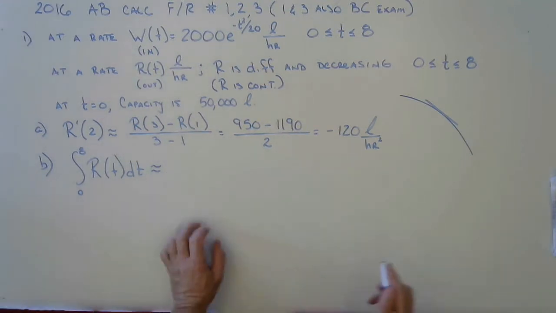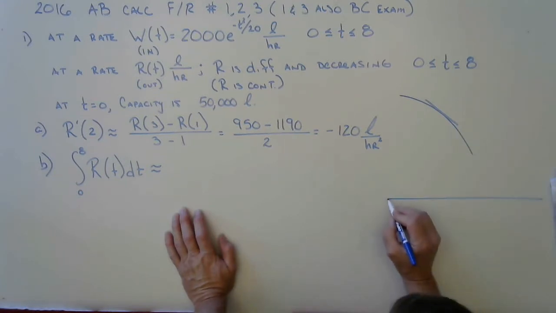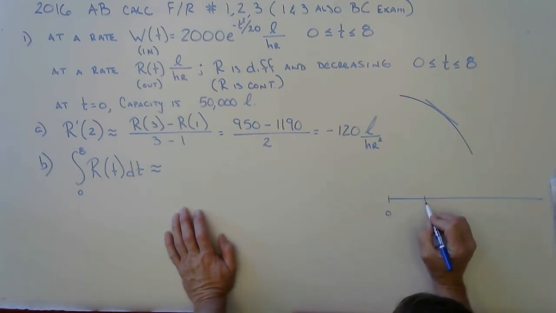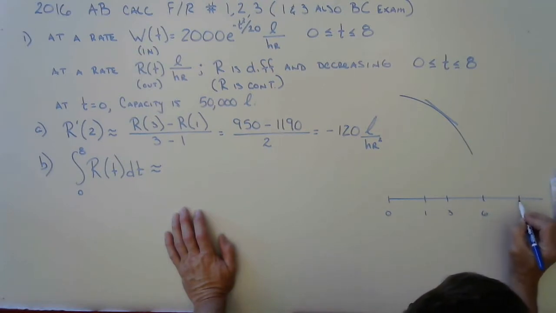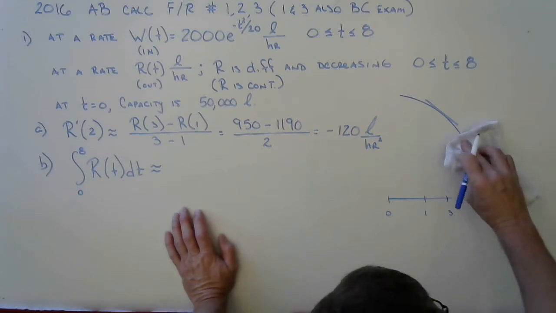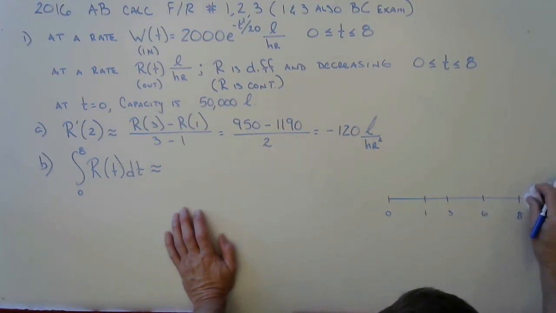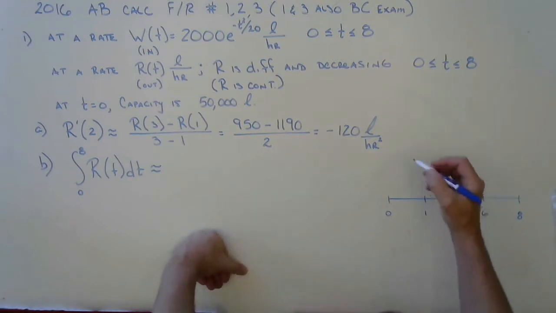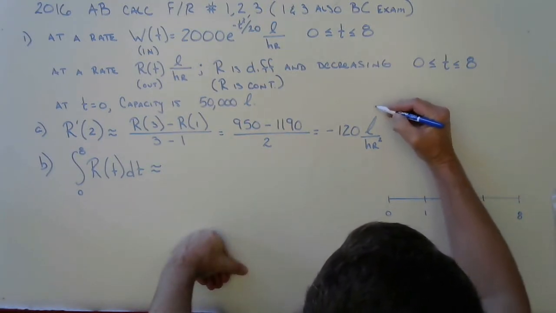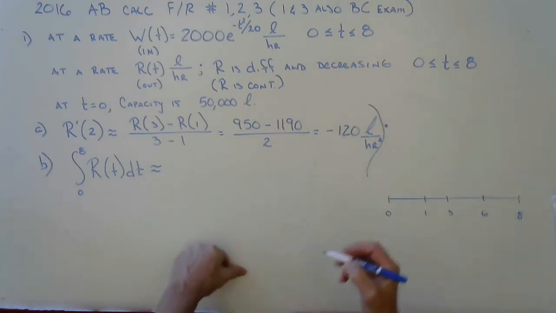Now, what does our chart look like? We have 0, we have 1, we said we have 3, then we have 6, and then we go to 8. That's what we said our values were for our times. So we'll stop this right here at 8. We said our function's decreasing. So we have 1340, so we'll put that dot right here.